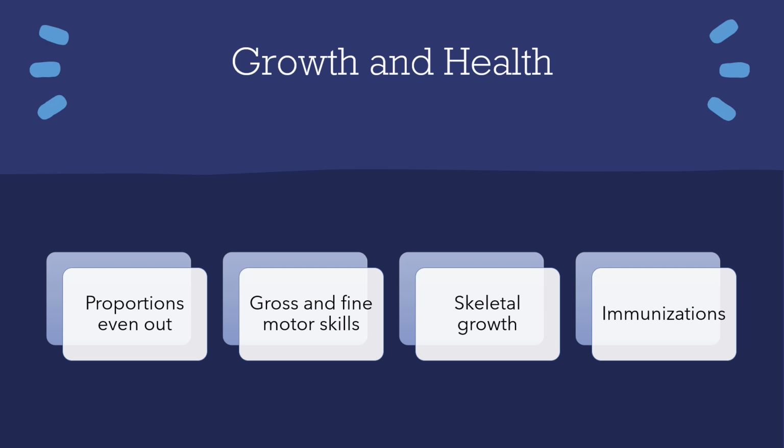Okay, as far as physical growth, like I said, overall growth will start to slow down, but proportions start to even out. Even at the end of toddlerhood, they're still kind of disproportional, where they have a really large head, a big trunk, but their limbs are a little shorter. So during this age, 2 to 7, those proportions will become much more like their adult proportions. They'll become more streamlined.